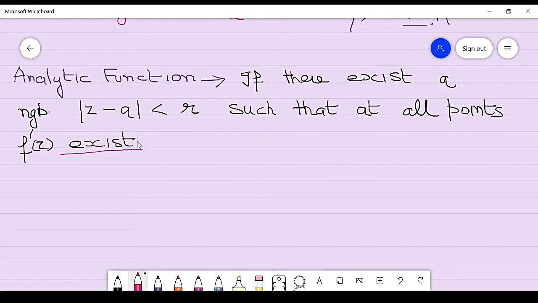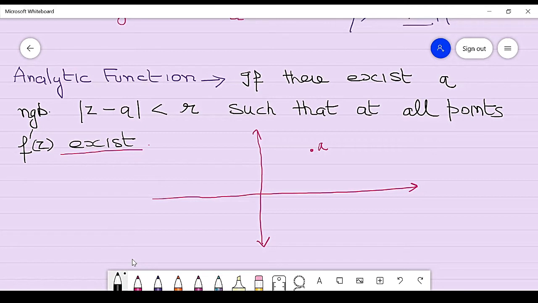For example, in the complex plane, this point is a. If the function is differentiable at a, then the derivative exists at this red point.